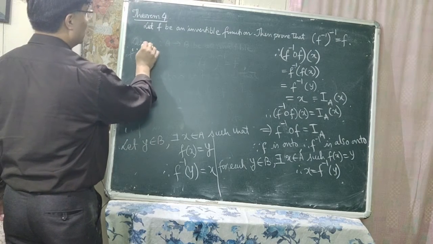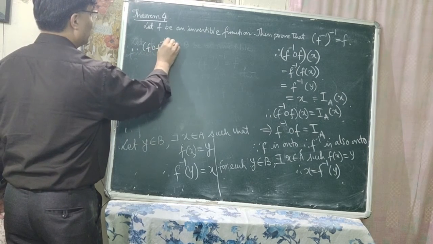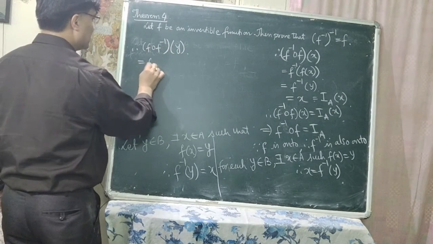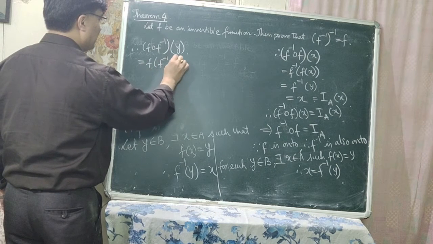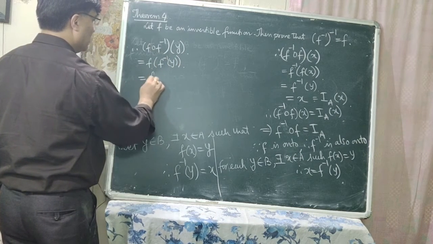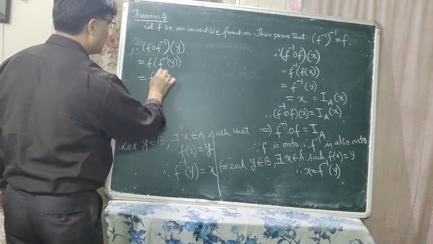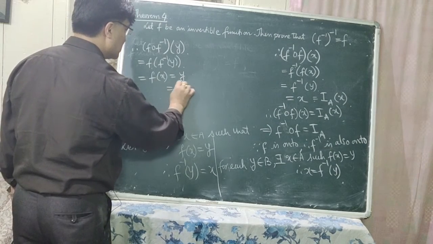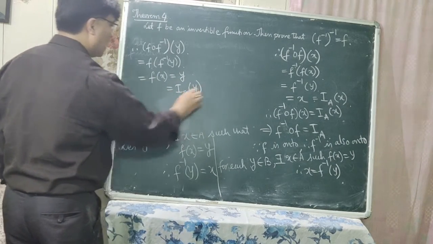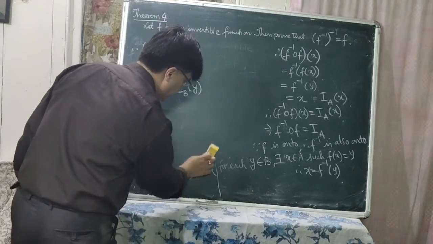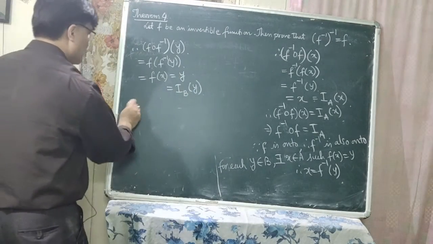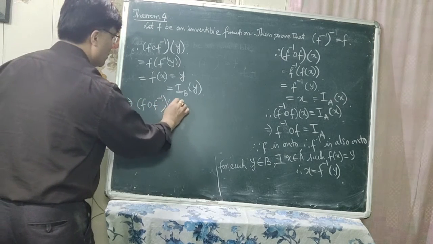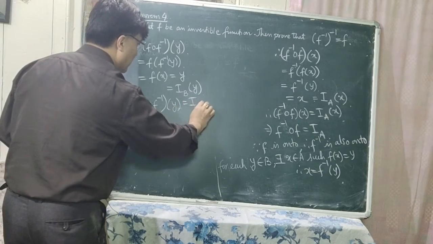Therefore f of f inverse of y is defined as f of within bracket f inverse of y, which is equal to f of, what is f inverse of y? It is x. So what is f of x here? y, which is equal to y, that means IB of y. So which implies that f of f inverse of y is equal to IB of y.